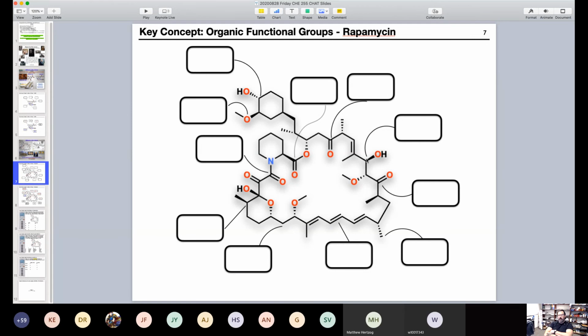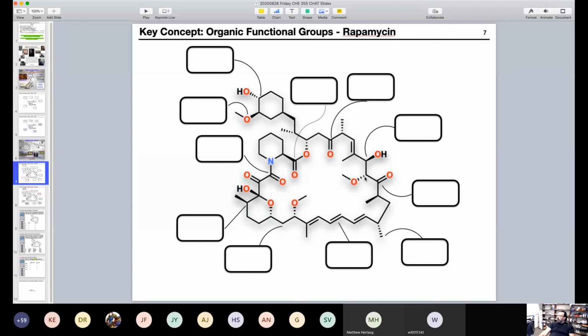The functional group is alcohol. If you count the number of carbons bound to that carbon, how many do you have? How would you classify that alcohol? So it's secondary. We have 1, 2.